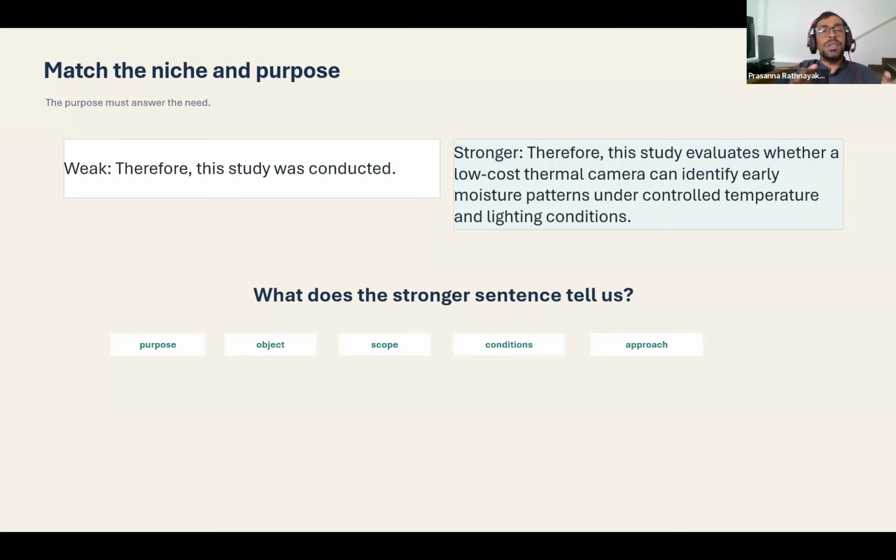And in your occupy move, you should state how your study responds to the thing that you identified in the niche. So it's quite simply showing you the territory, then showing the gap, and then telling how your study fills the gap. You got the point?